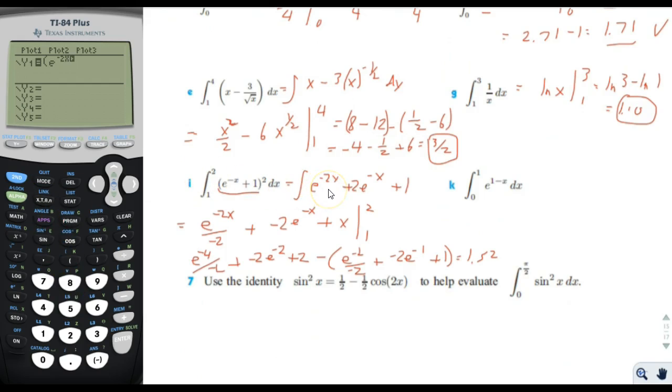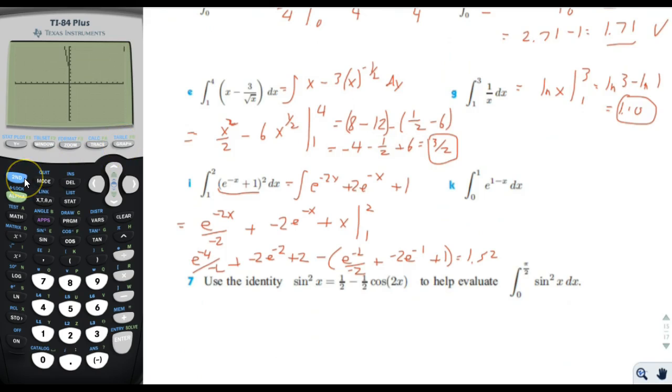It's doing that method that we used on page 1 and 2, where it's like slicing it up into little rectangles. Oops, I'm doing it wrong. I don't need to do FOIL. E to the negative x, e to the negative x, and then I add 1, and then I square it. And that's it.